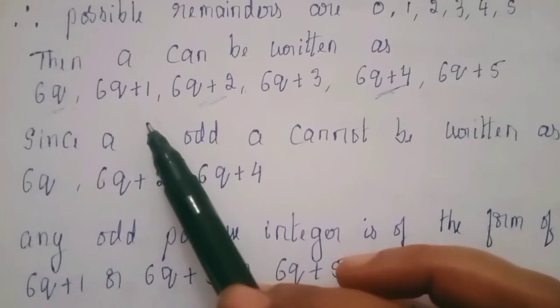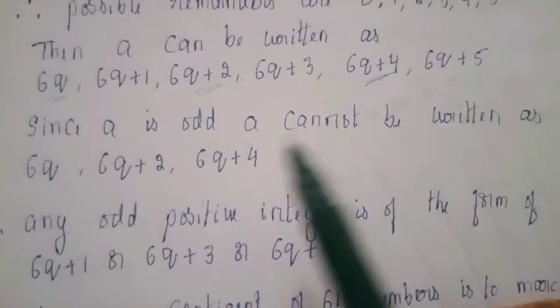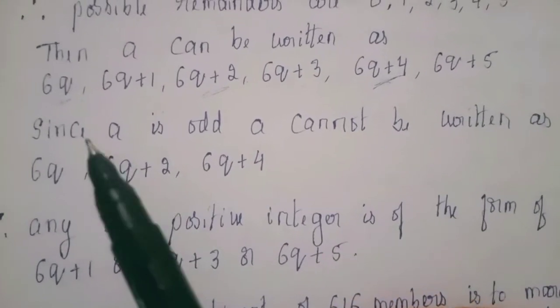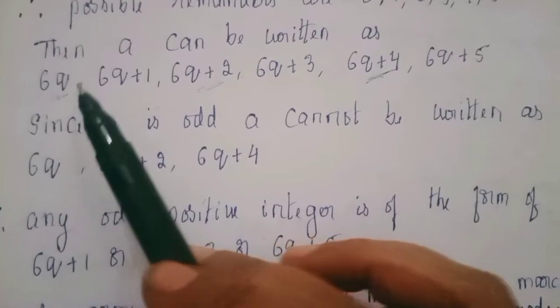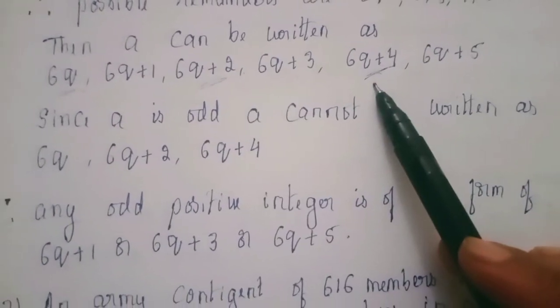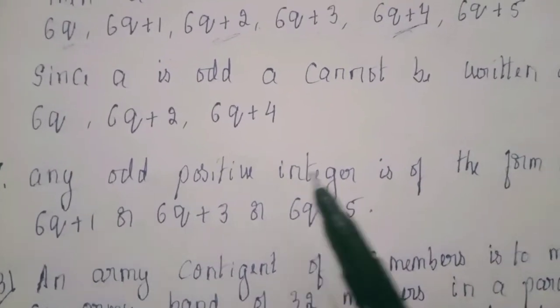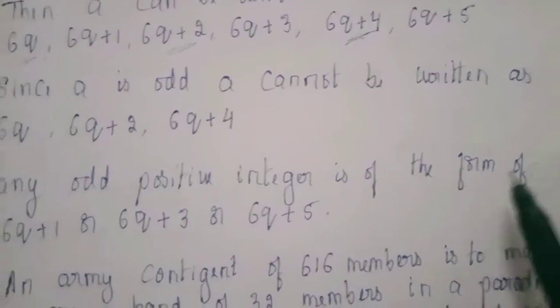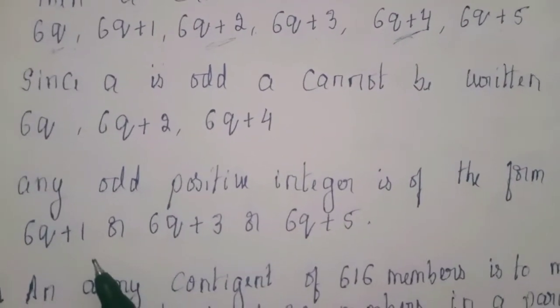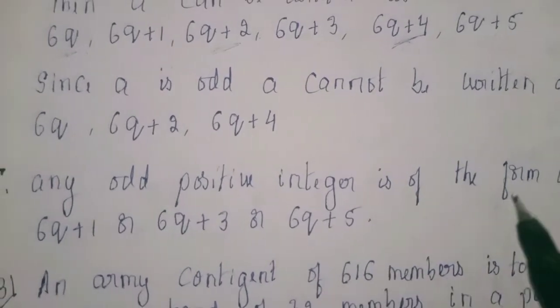We have 6q plus 1, 6q plus 3, 6q plus 5. So we have given a reason that since a is odd, a cannot be 6q, a cannot be 6q plus 2, a cannot be 6q plus 4. So what can you conclude? Therefore, any positive odd integer is of the form 6q plus 1 or 6q plus 3 or 6q plus 5.